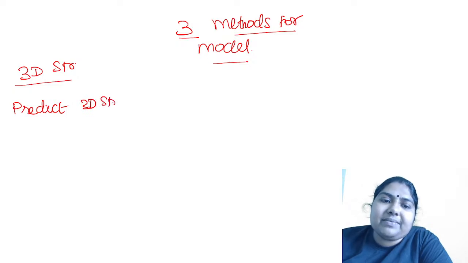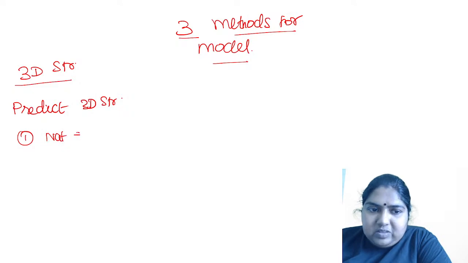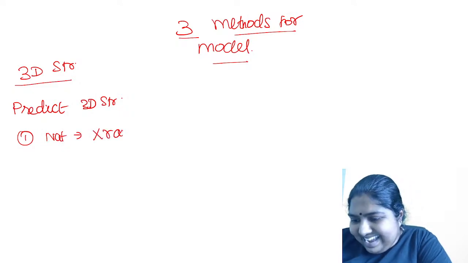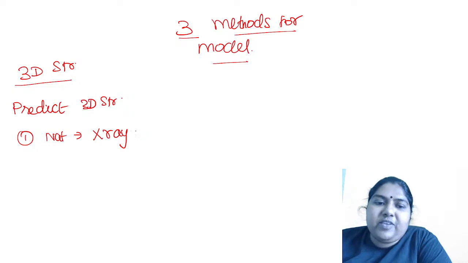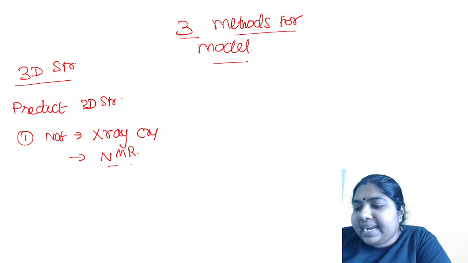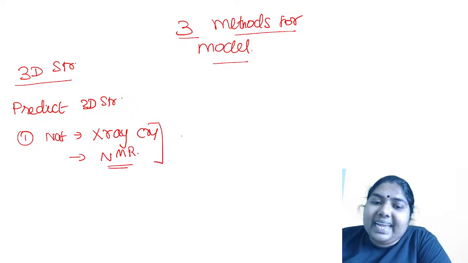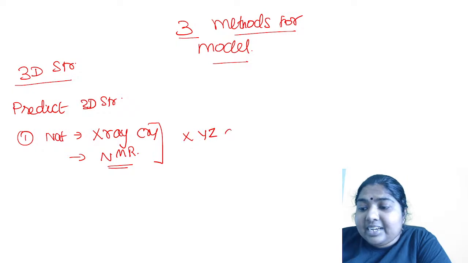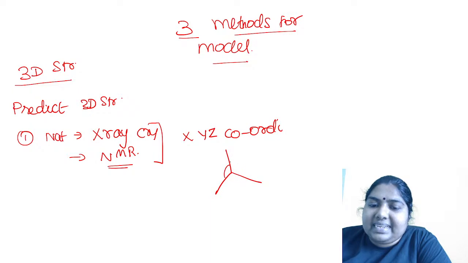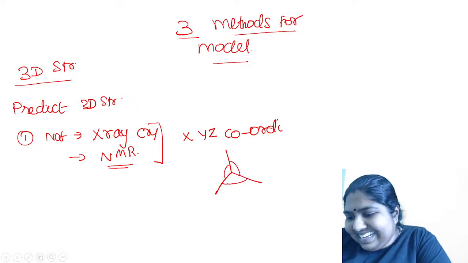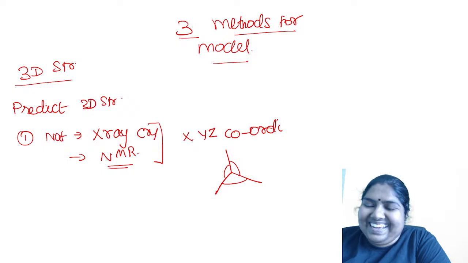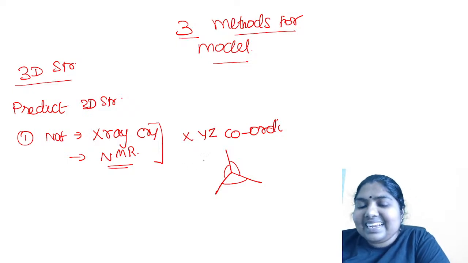How will you predict? Number one, naturally you can determine it using X-ray crystallography, or if it is a very small protein, NMR may help. Then you will get your X, Y, Z coordinates.